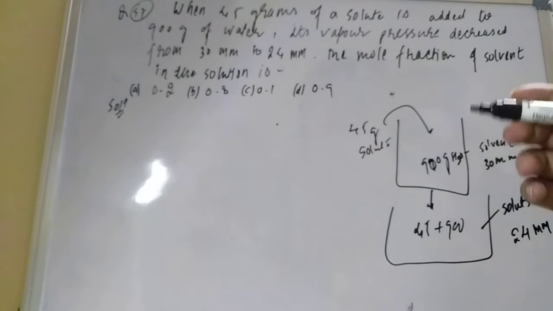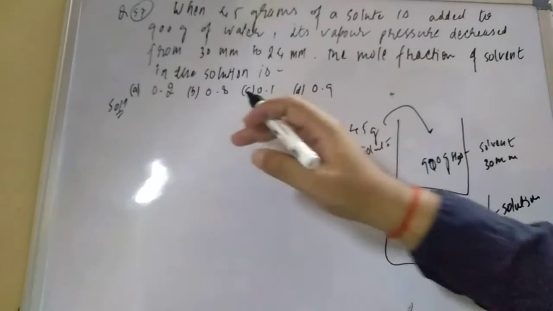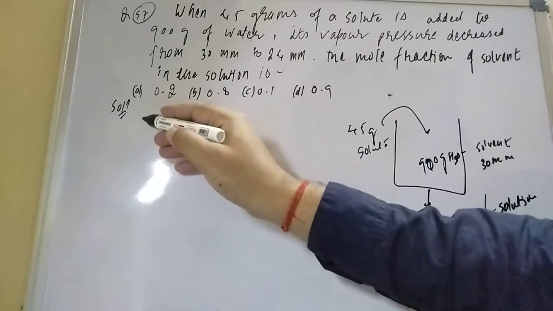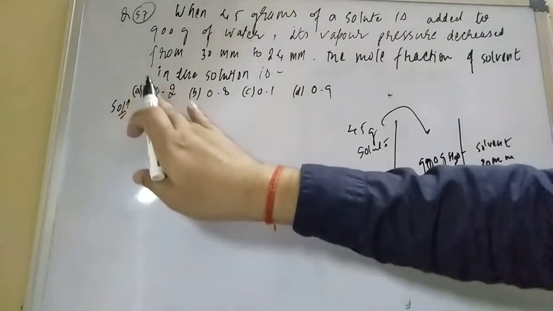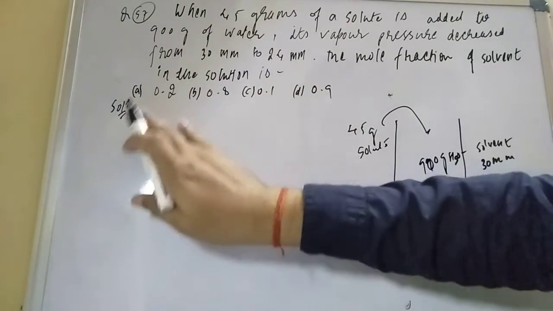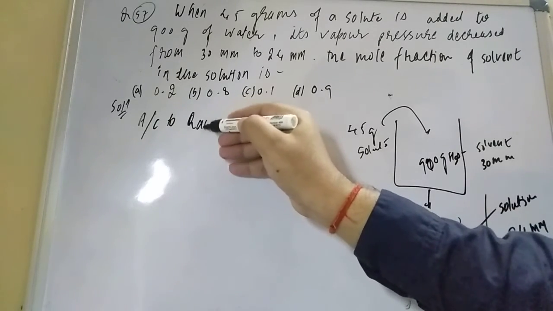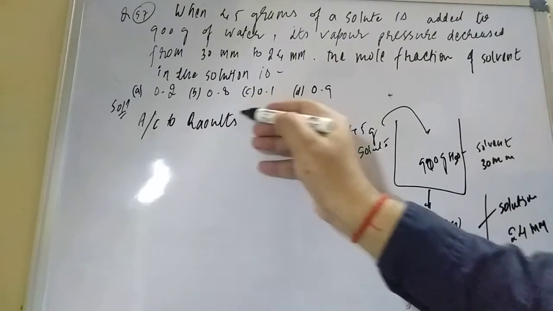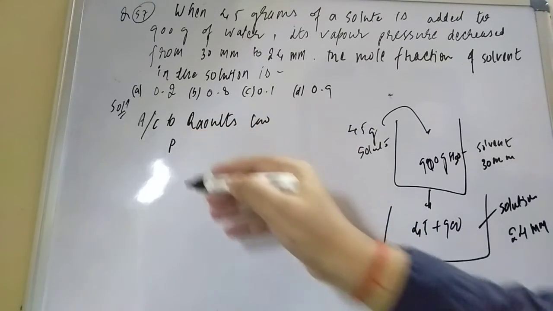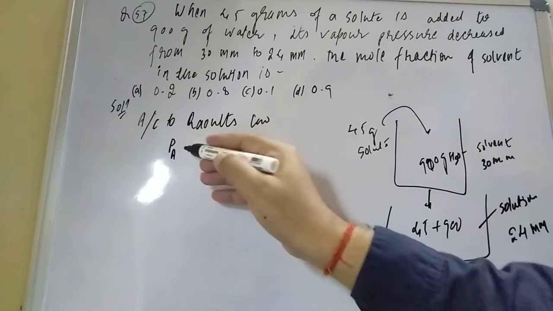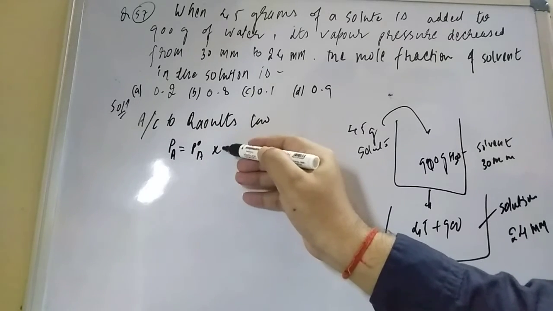So they are talking about the solvent. How to solve? That is Raoult's law. According to Raoult's law, PA equals P naught A XA.